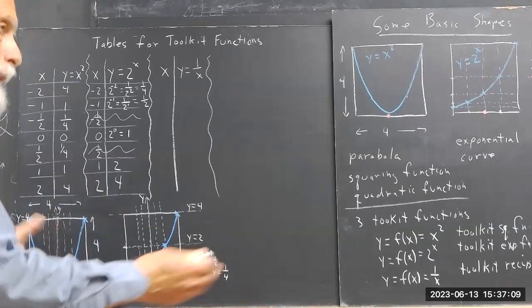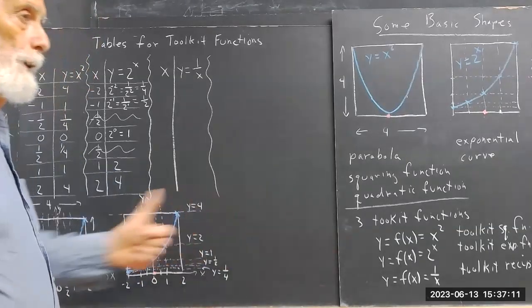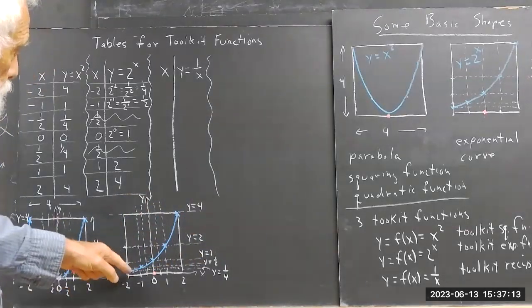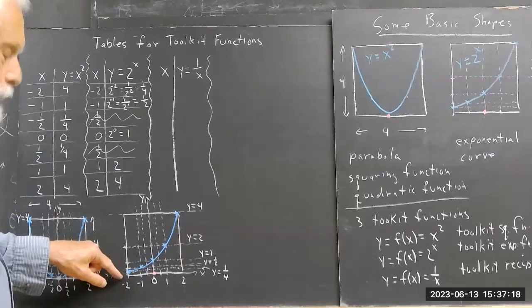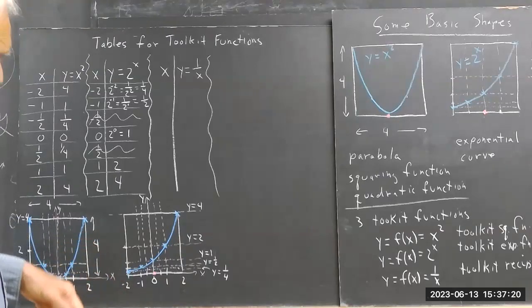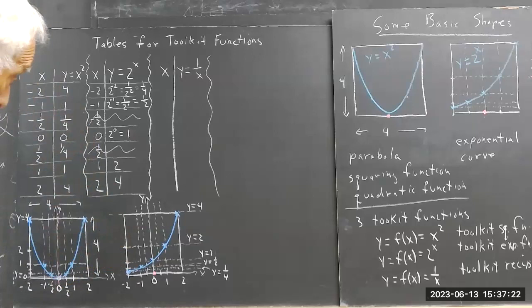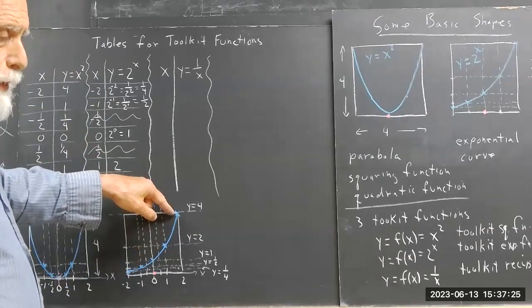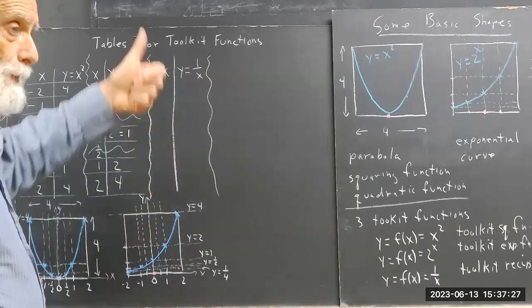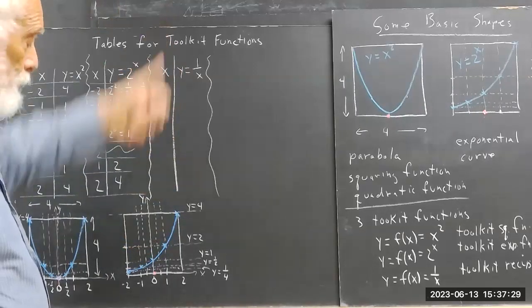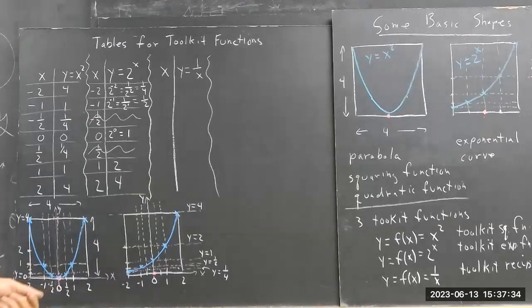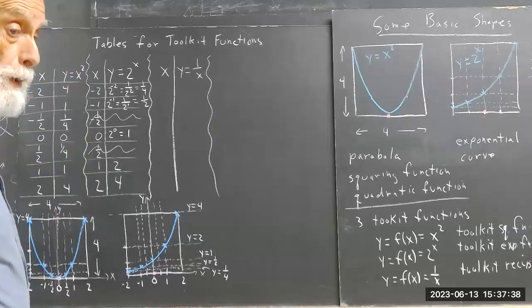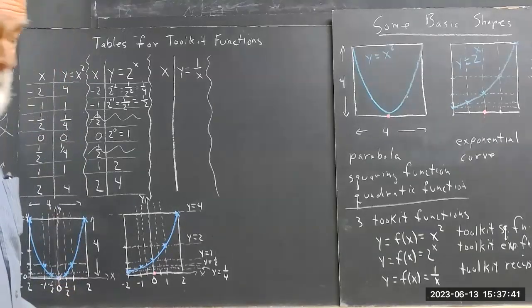Now, if you extend this to all positive x values and all negative x values, the lower part of your range keeps shrinking down towards 0, never reaches 0. And your upper end of the range is unbounded, it's unlimited, so it approaches infinity. Okay, so anyhow, right there is your graph for your toolkit exponential function.